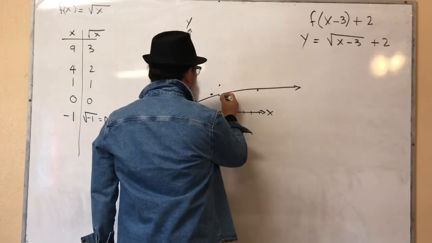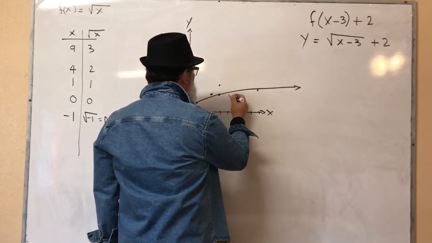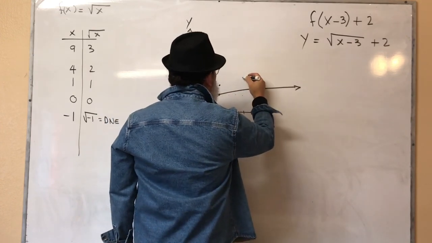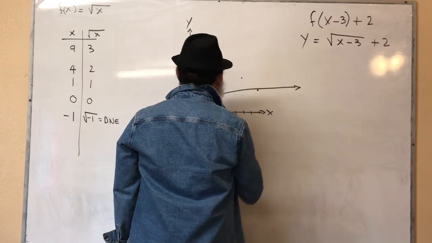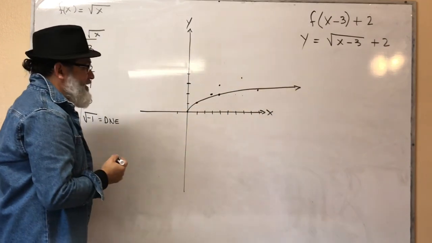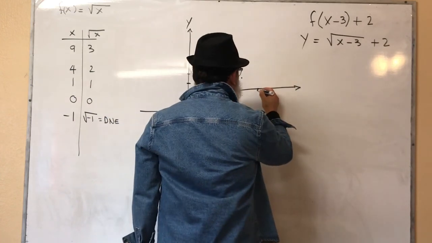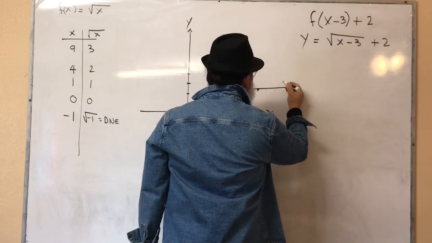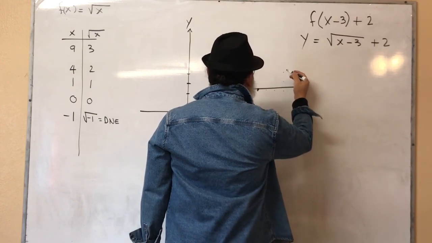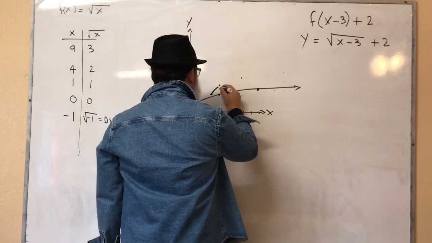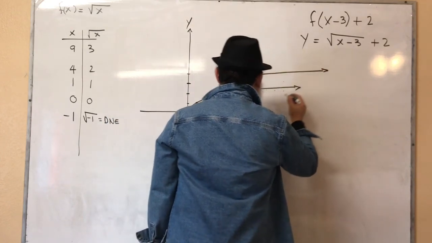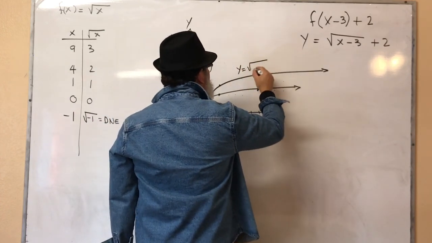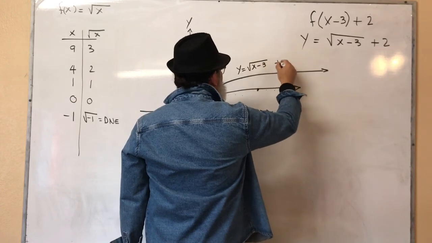This point right here, 3 units right, 1, 2, and 3, and 2 units up. That's what it looks like. This point, 3 units right, 1, 2, and 3, and 2 units up. And so therefore, this is y, the square root of x minus 3 plus 2.